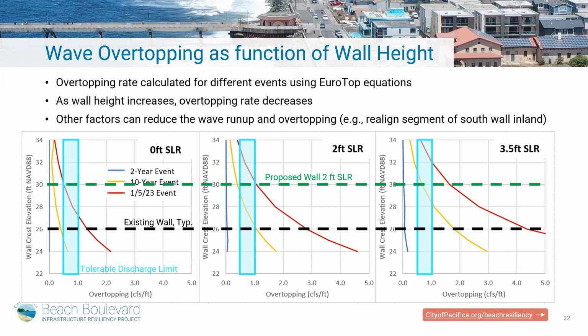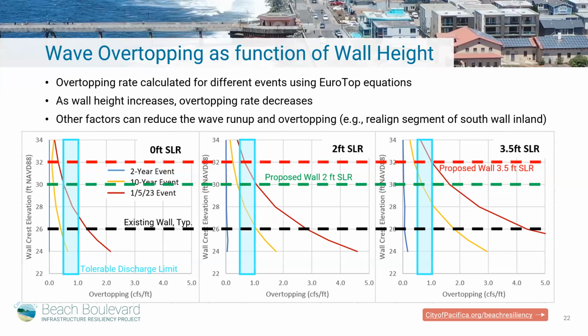If we were to increase the wall by about 4 feet, shown by the green line, for 2 feet of sea level rise we can reduce the overtopping rate from about 3 CFS per foot down to about 1 CFS per foot, closer to the tolerable threshold. Next.